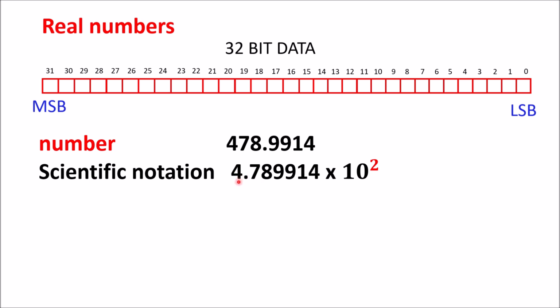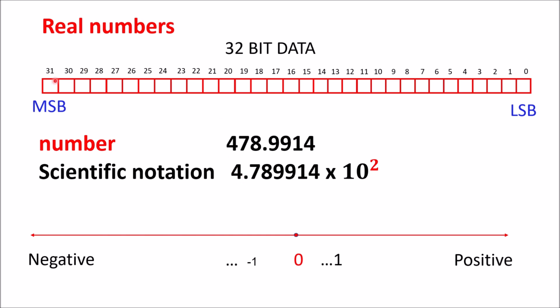So it will take the fractional part, just like if it is written in scientific notation. It will take the non-fractional part and will store it in a certain position, an amount of bits, and the fractional part will be stored in some other position that occupies a number of bits, and then the power of 10 is going to be stored in some other position and amount of bits.